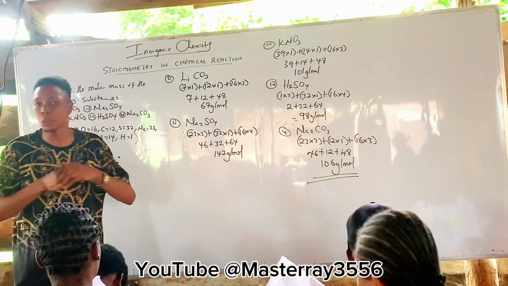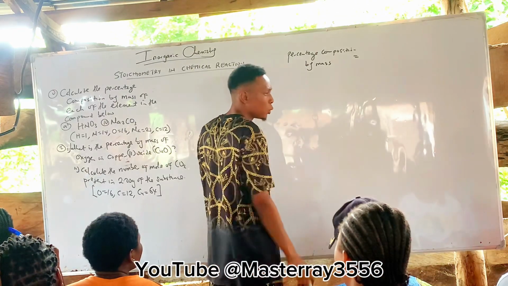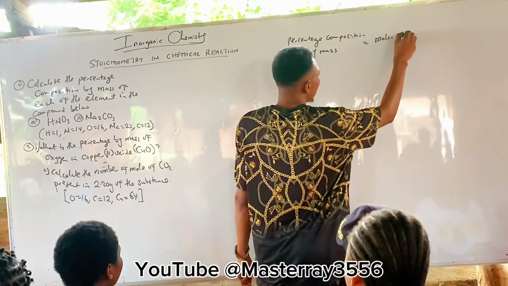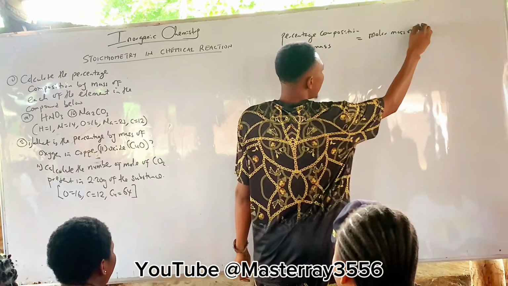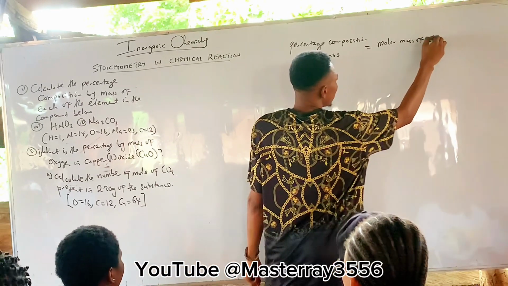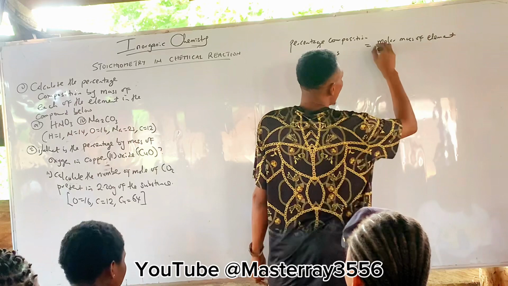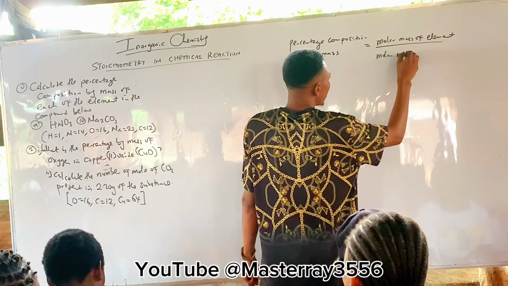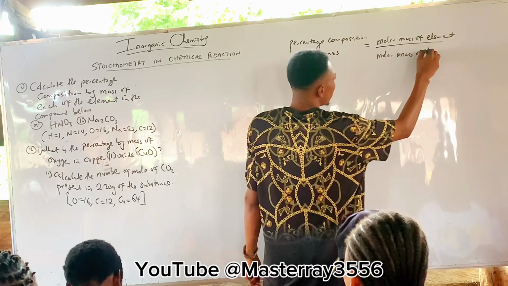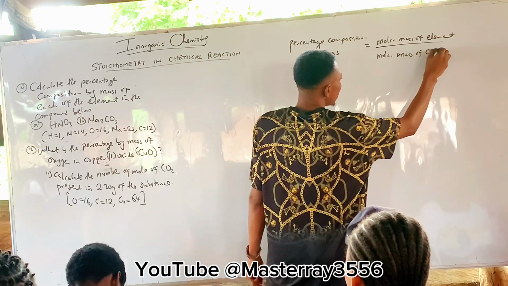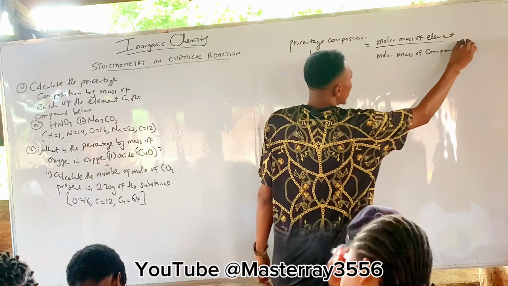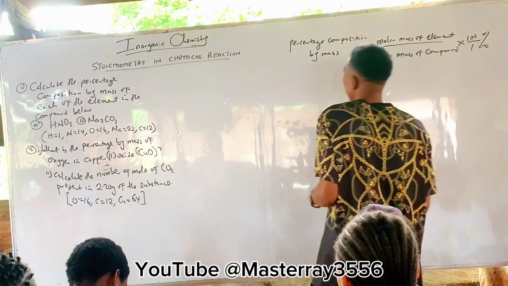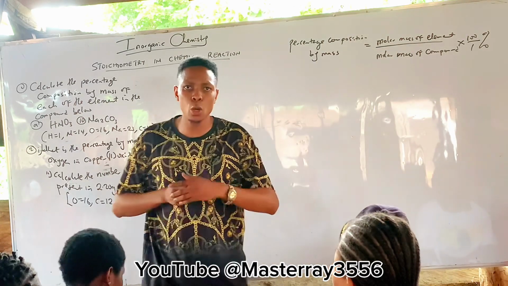So in any question, the percentage composition is equal to the molar mass of the element all over the molar mass of the compound, times 100/1, expressed in percentage.